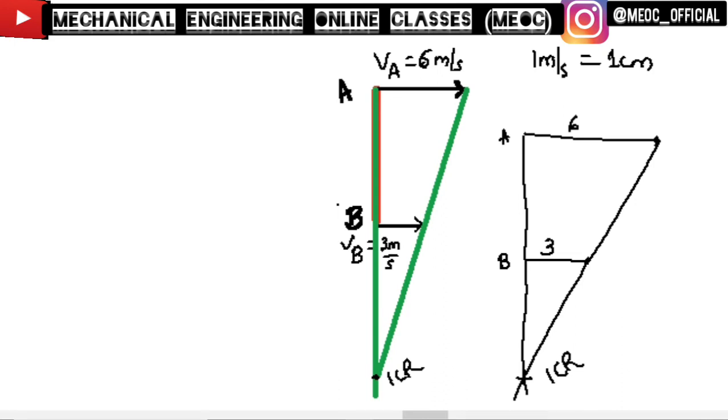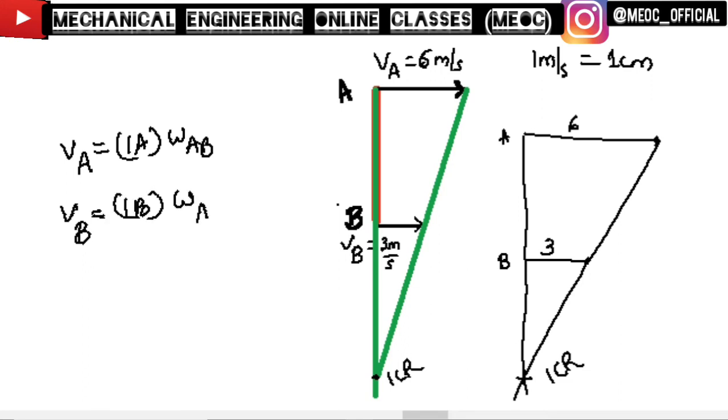So here also we will get the same thing. VA is nothing but IA omega AB. The relation will be the same, and VB is IB omega AB. So omega AB can be found from any of the two equations.